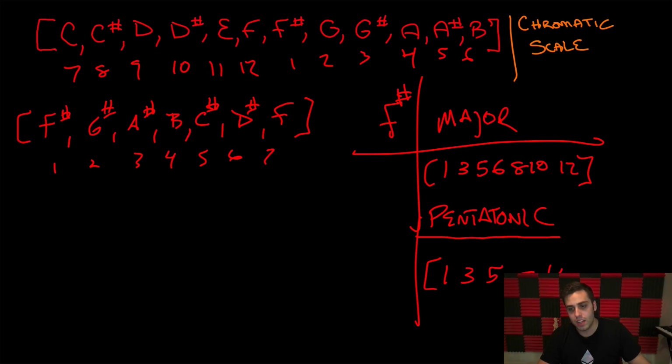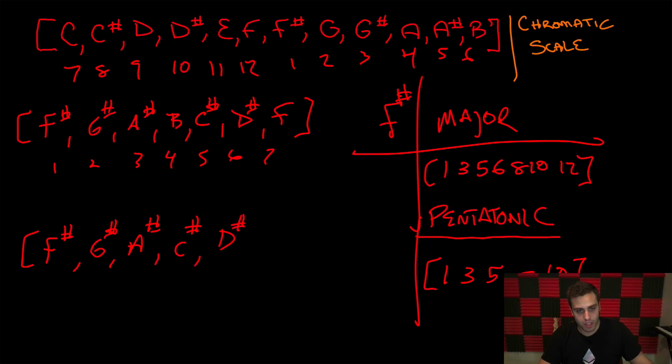So this is the 5-note major pentatonic scale. And if we see what it looks like, it would look like F sharp, which is 1, G sharp, which is 3, the 5 is A sharp, the 8 is C sharp, and then the 10 is D sharp. And this is also indexed 1, 2, 3, 4, 5, and this is our major pentatonic scale.